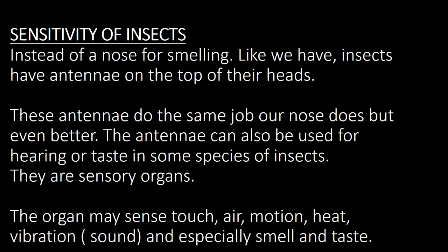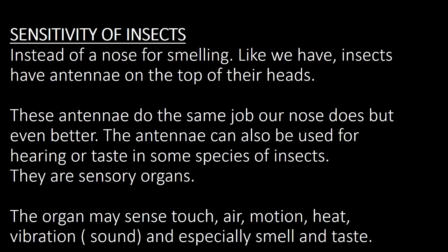So, sensitivity of insects. How are insects able to find out what is around their environment? Instead of a nose for smelling like we have, insects have antennae, or an antenna, on top of their heads. These antennae do the same job our nose does, but even better. The antennae can also be used for hearing or taste in some species of insects.